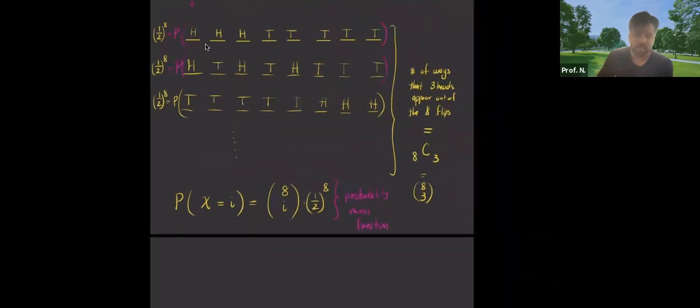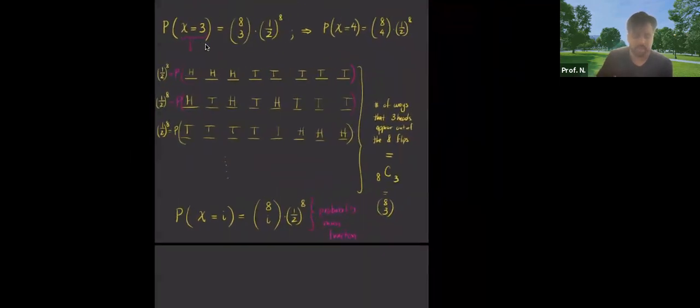Any questions about this example? This random variable, the binomial random variable. And I hope now you can see why it's called binomial, because I'm using what are called binomial coefficients, which is the combinations counting technique.